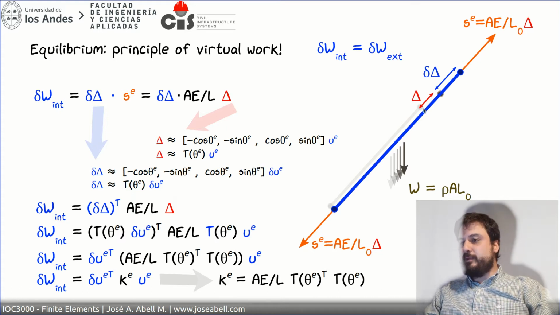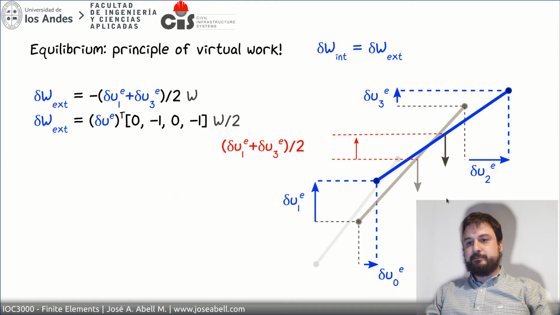On the other side, when the element gets stretched, the position of the weight changes slightly, virtually. So we track the work done by the weight when that change happens. Basically, the final position of the weight is going to be the average of the changes in the vertical degrees of freedom.